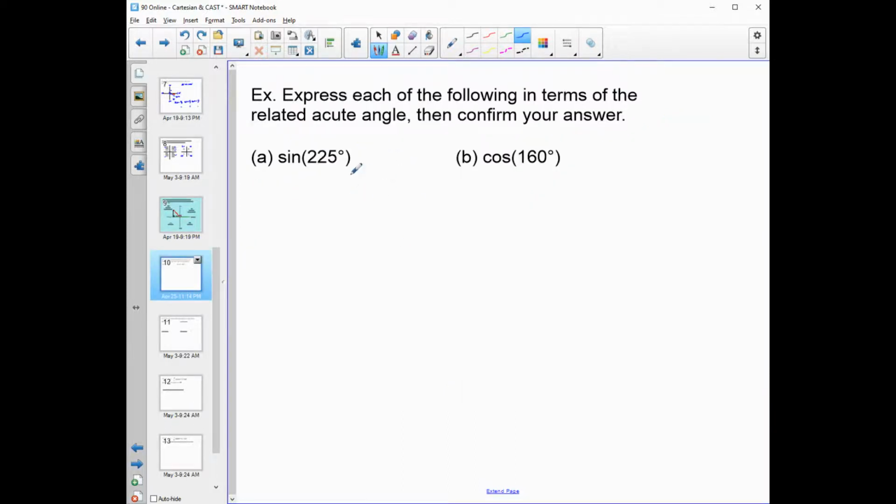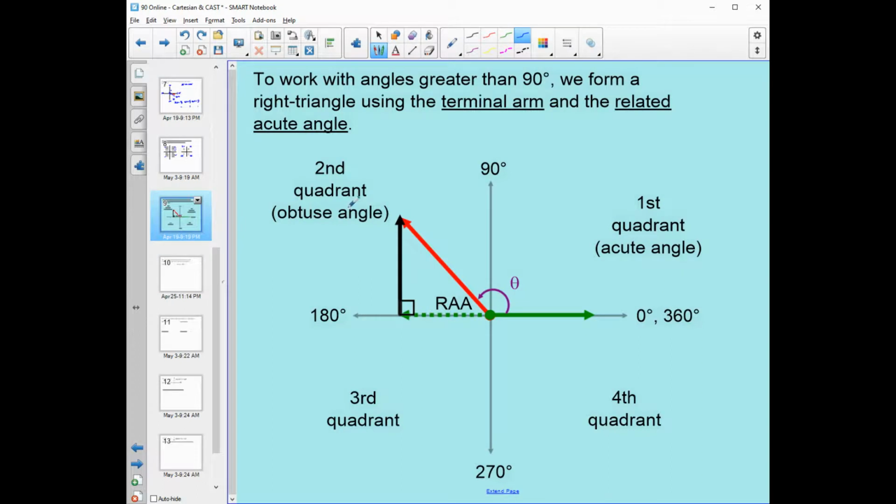So one of the skills that we make use of in order to talk about that, I realized I just skipped a slide there. We make use of this idea of the related acute angle.